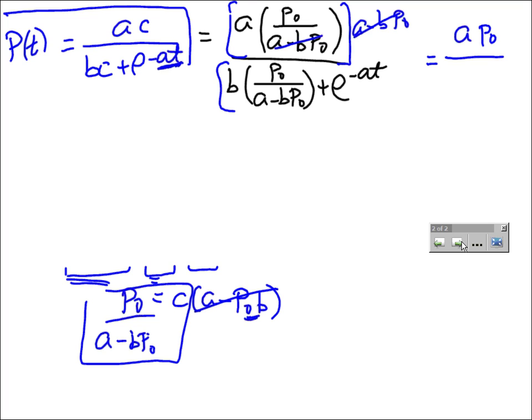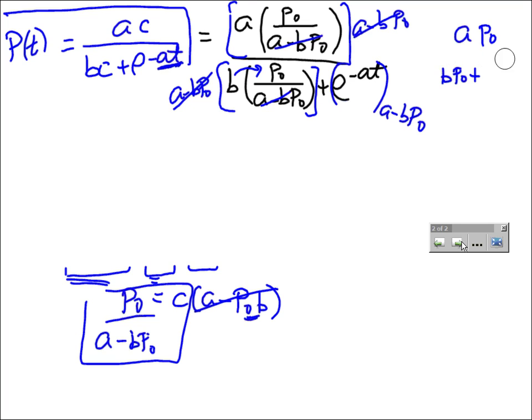I'm going to multiply, or at least denote I'm multiplying that term by a minus b p0. This canceled out. I get p0 plus, I have to denote that I'm multiplying that term by a minus b p0. And this time, it's not canceling.